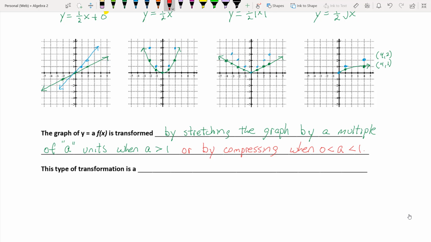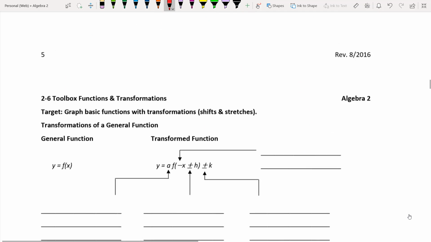This type of transformation is a vertical stretch or compress. It's like keeping the vertex at 0 and pulling the rest of the graph up to stretch it out, or pushing it down to shrink it down. All right. What else do we have here?